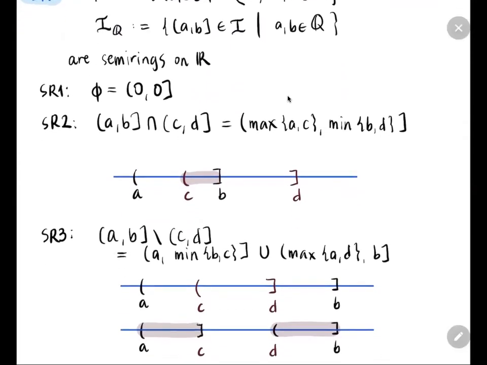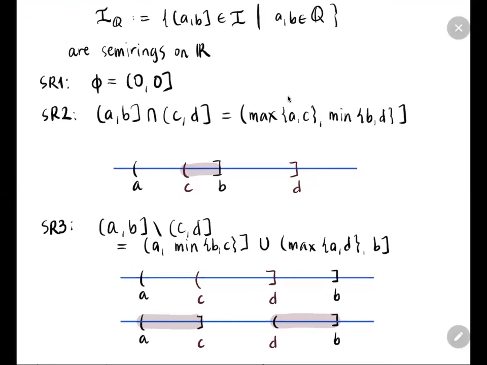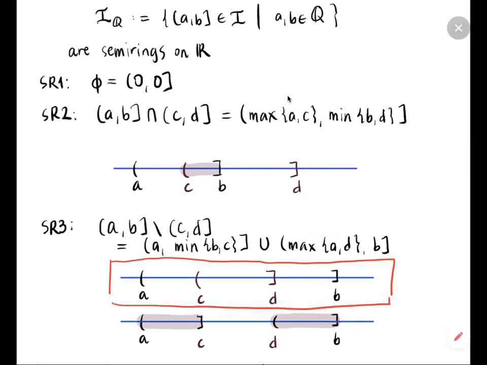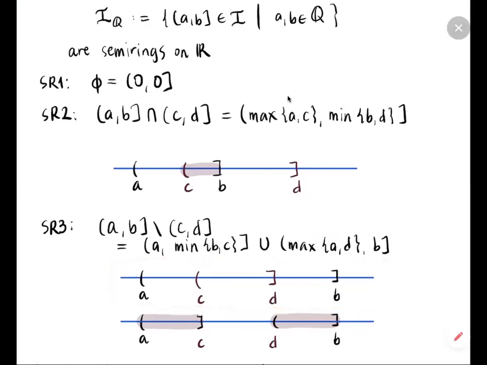Well, for the third condition, let us take the difference between two cells, AB and CD. The worst case scenario here is that the cell CD lies inside the cell AB, which is illustrated in this figure here. Okay, so the interval CD lies entirely in the interval AB.